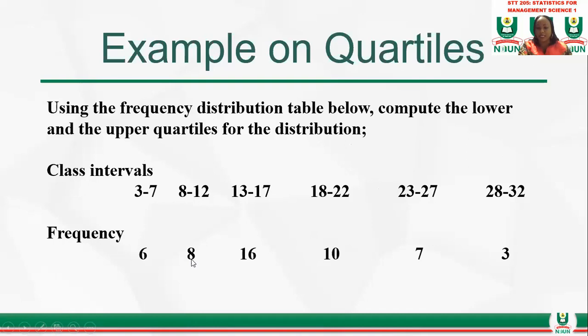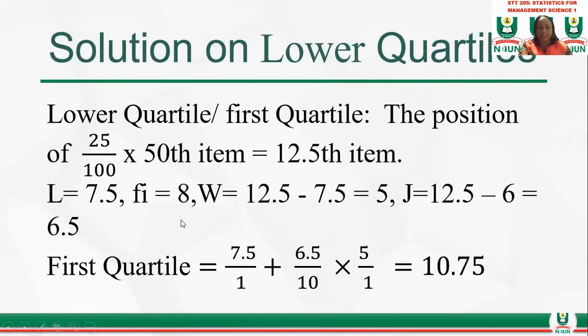You can see the frequency 8. For you to get your width, you subtract the lower class interval from the upper class interval, which somebody just gave me, making it 5. And remember, your 12.5 is what you generated as the ith item.